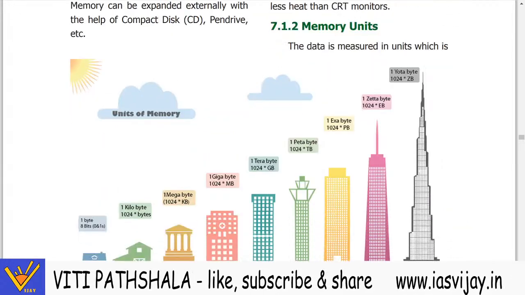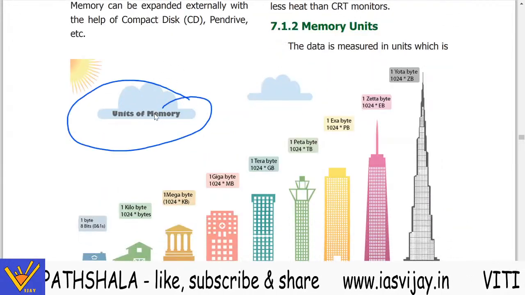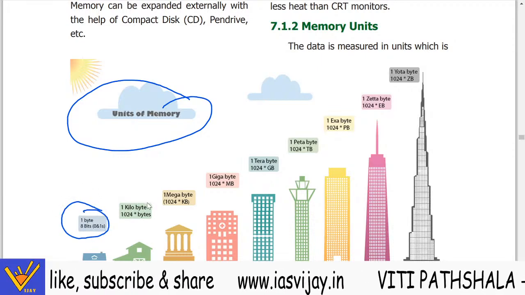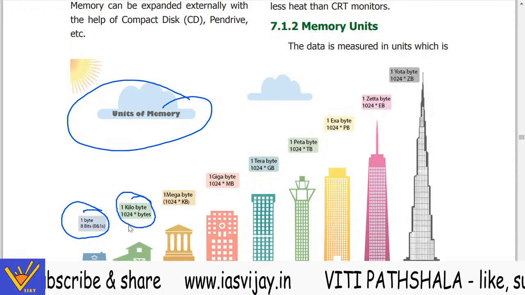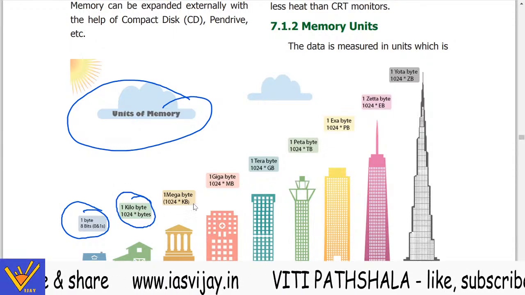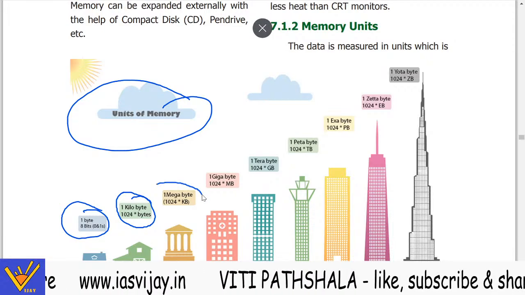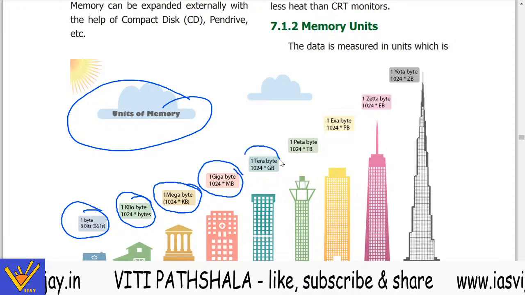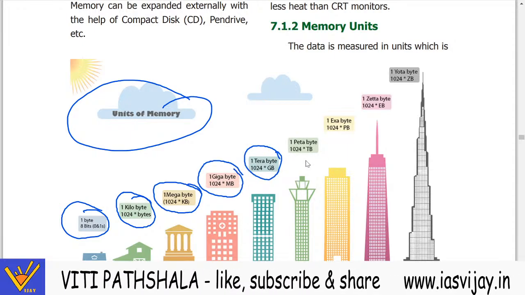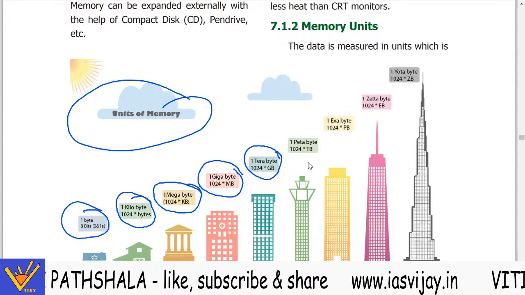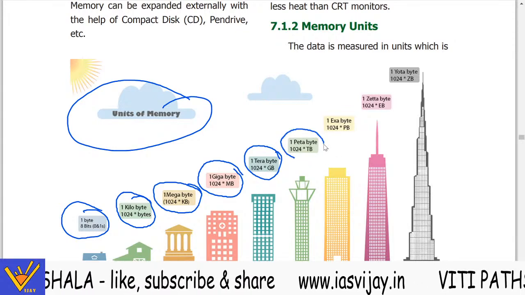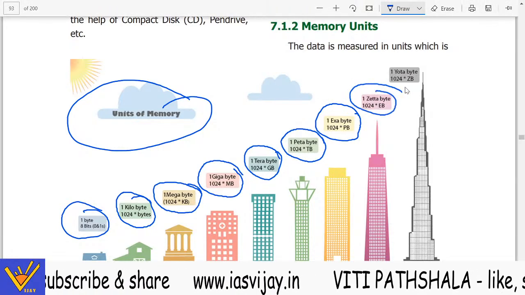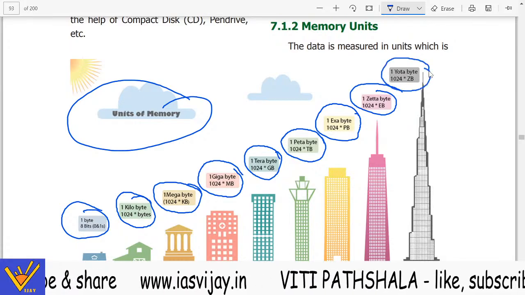Now, this thing you must know, the units of memory. Initially from 1 byte, and 1 kilobyte is approximately 1000 bytes, and 1000 kilobytes is 1 megabyte, 1000 megabytes is 1 gigabyte, 1000 gigabytes is 1 terabyte, and 1000 terabytes is 1 petabyte, and 1 petabyte is 1 exabyte, and 1 exabyte is 1 zettabyte, and 1 zettabyte is 1 yottabyte.